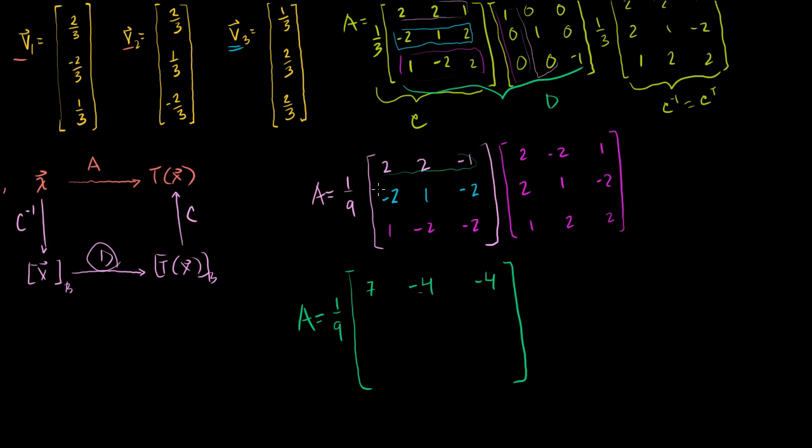Okay, now the second row. We're going to have minus 2 times minus 2 is 4, plus 1 is 5, minus 4 is 1.